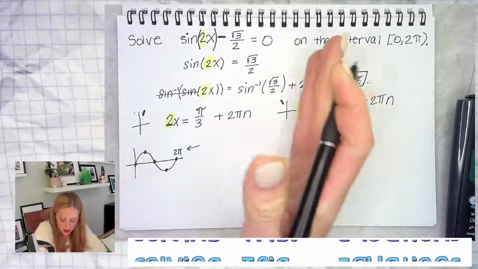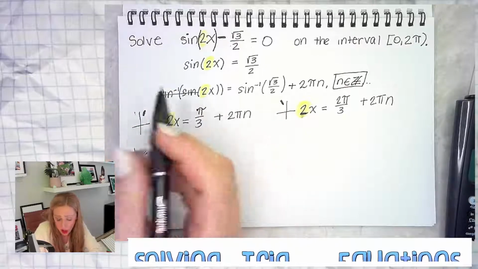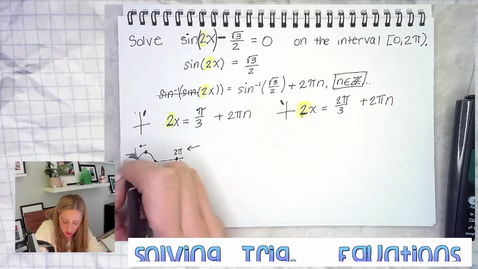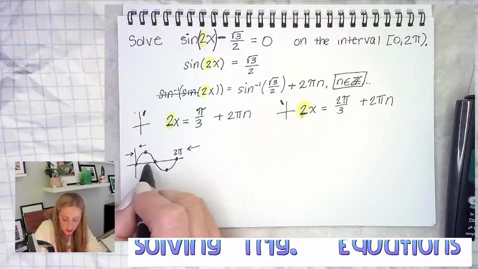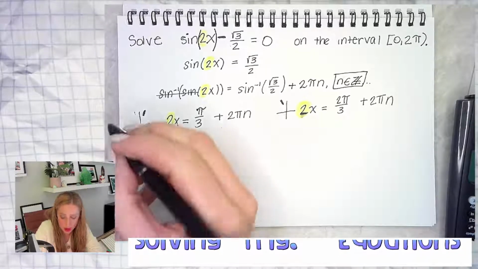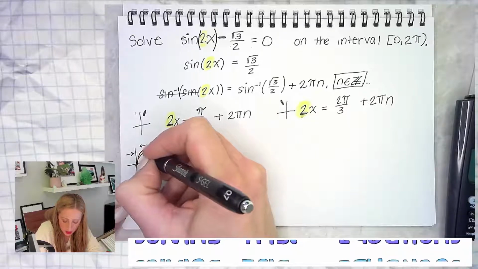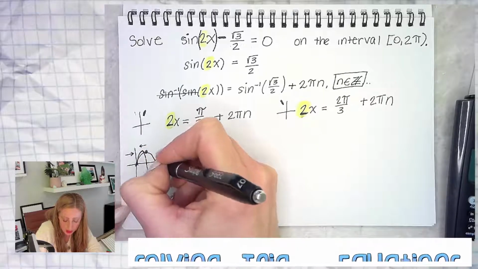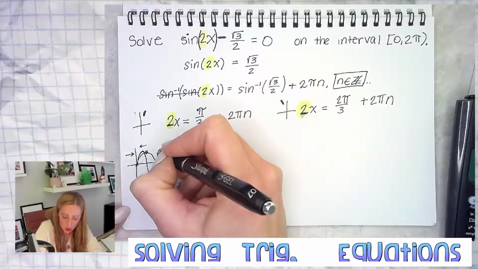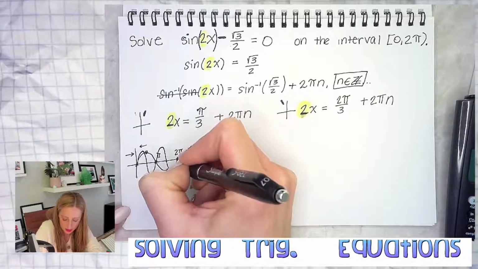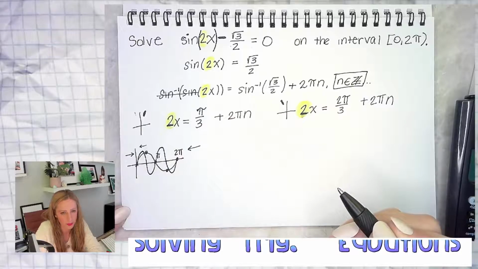Squeeze everything in half closer to the y-axis. That means this whole cycle, you could think of it two ways. You could think this whole cycle will happen between 0 and pi instead, or you could think two of these cycles will happen between 0 and 2 pi.